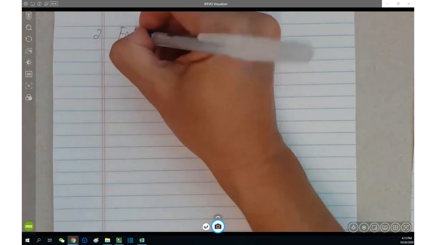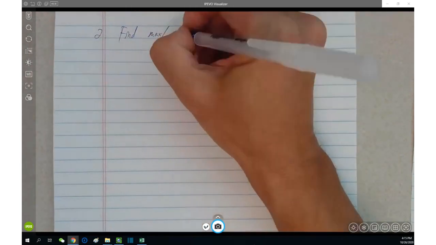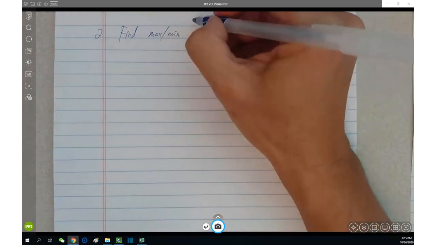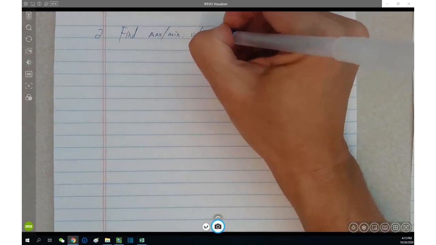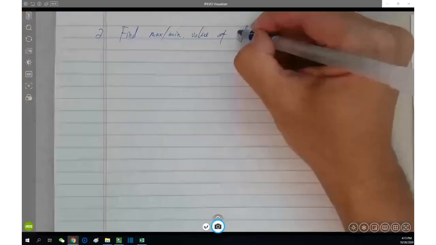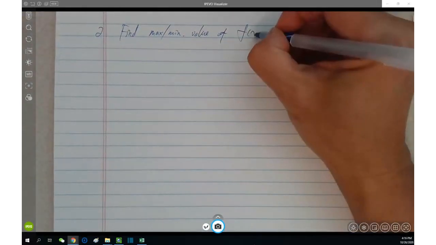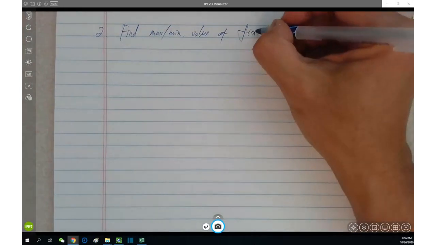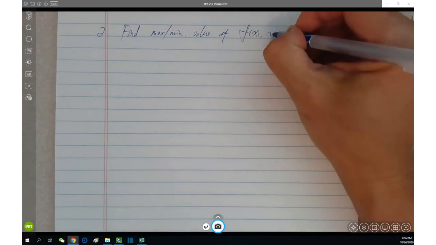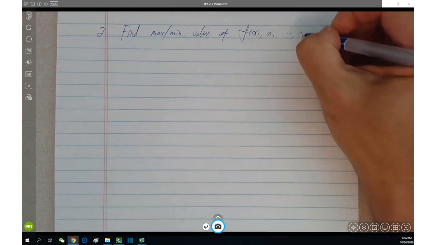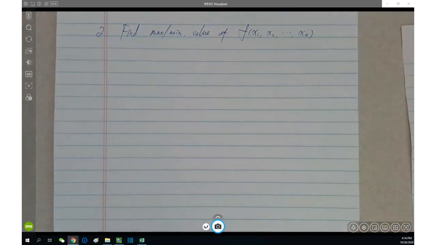Find, again, a minimum of the f function. This time, it's not x dependent only, but we have up to n independent variables.